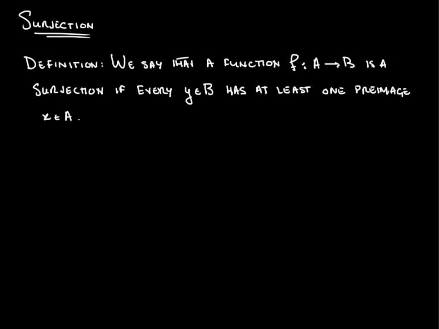What you could say is, using the preimage of a set, you could look at every element in our codomain, so y would be any element in our set B, and this would not be the empty set. Okay? It has at least one preimage, one element.